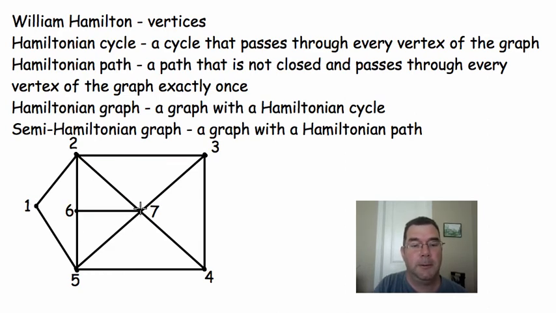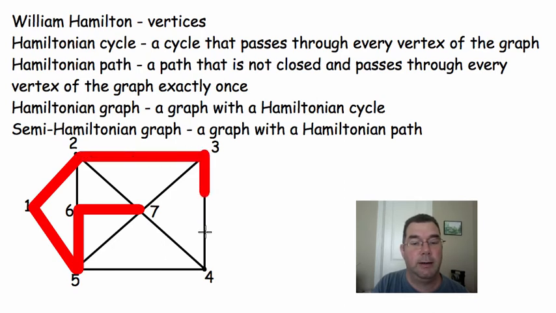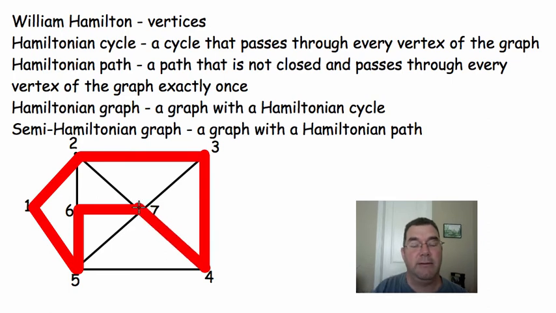So let me see here. What I could do is start at 7, go to 6, go to 5, go to 1, 2, 3, 4, and then back to 7 again. Okay, so I've visited every vertex exactly once, and I've ended where I started. So that would be a Hamiltonian cycle.